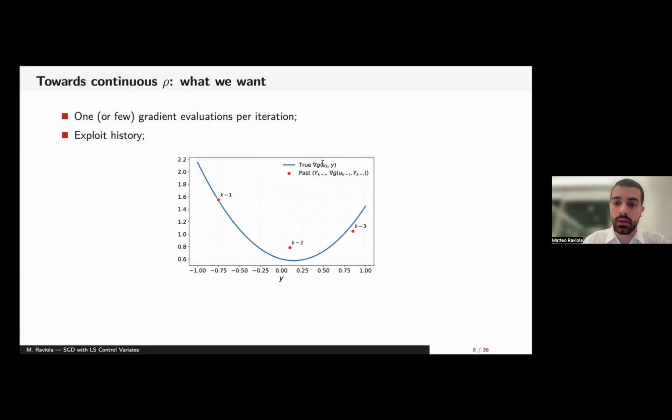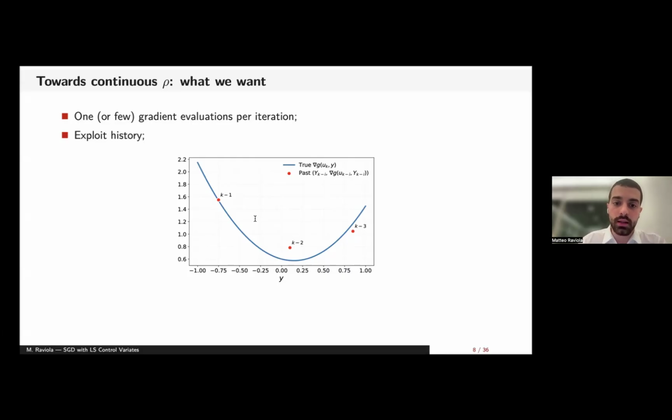So these are evaluations from u_{k-i}, but if u_{k-i} is close to u_k, then we could say that these are inexact evaluations, but the error should be small, also given the Lipschitz property of the gradient that we assume. And so this is the picture: we have a very smooth gradient and some observations of it.